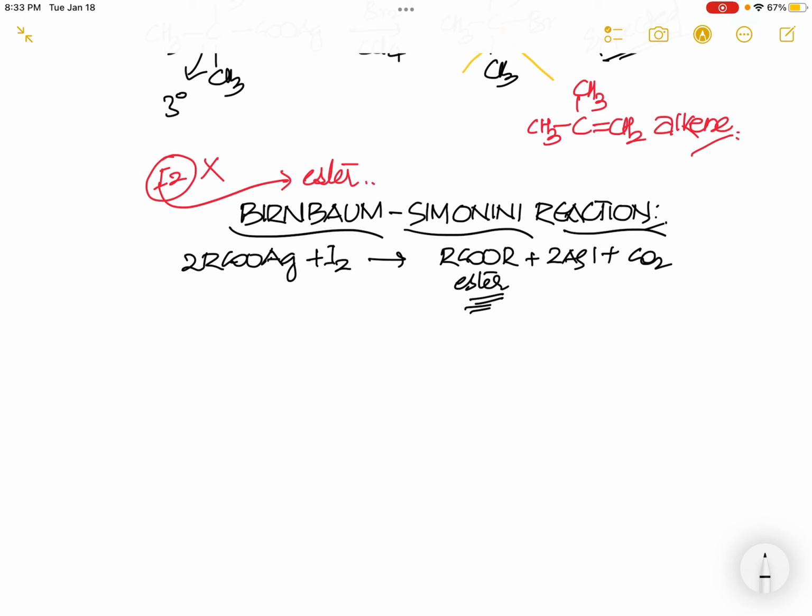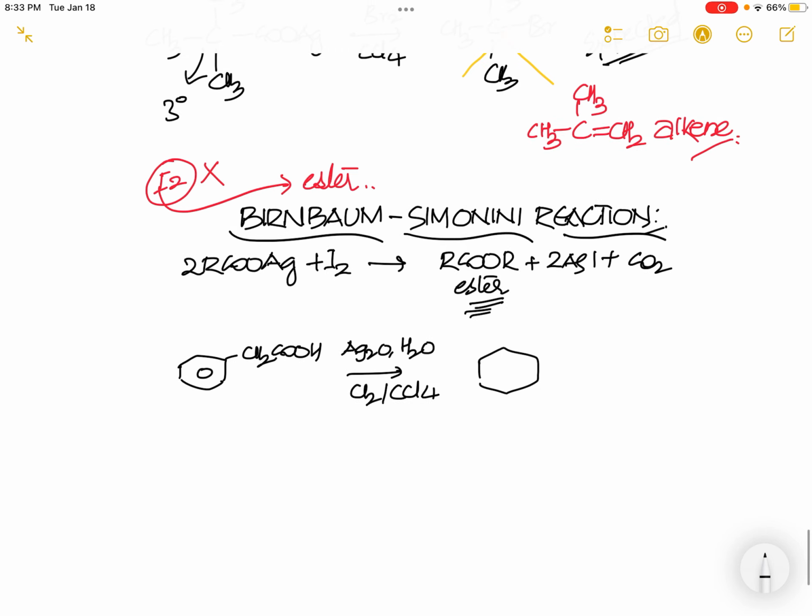And some other examples, if you want, you can check like this. If you have benzene with CH2COOH, in the first step you treat with silver oxide, then water, so that it becomes the silver salt of CH2COOH. Then you use Cl2 in CCl4, and that COO part is removed and you get the correct CH2Cl.